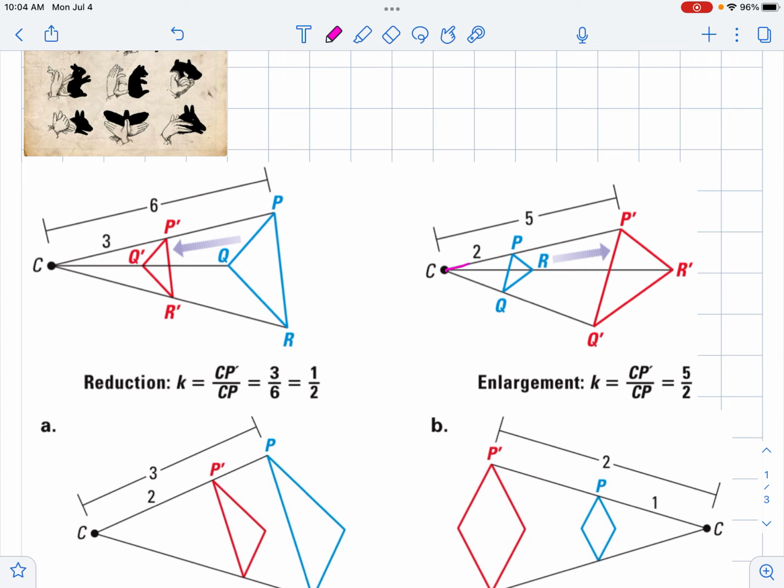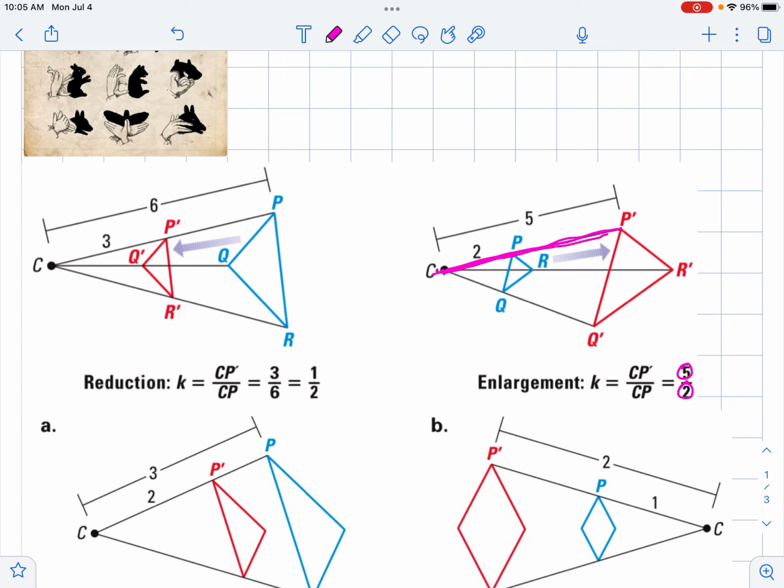We take the new distance from the center point, from C to P prime. In other words, this is the distance from the center point to the image. I put that on top, and I get a 5. On the bottom, I put the original distance from C to P, and that's 2. So what we get is 5 halves.